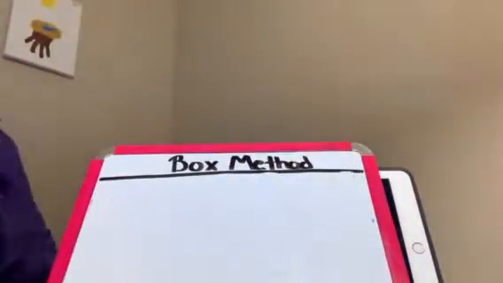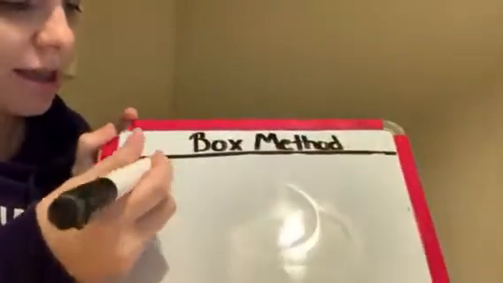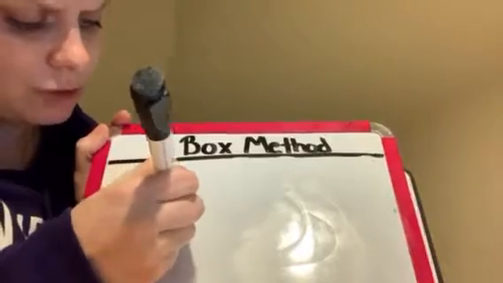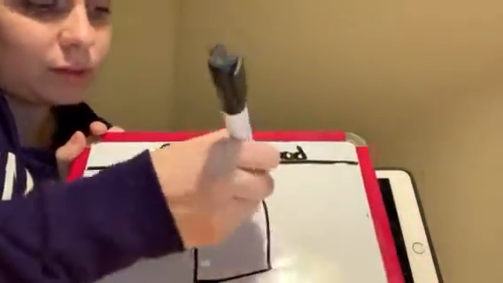Okay, so I'm going to do the same problem again that we did as the second problem, I believe, yesterday. I believe it was 13 multiplied by 12. 2x2 box.